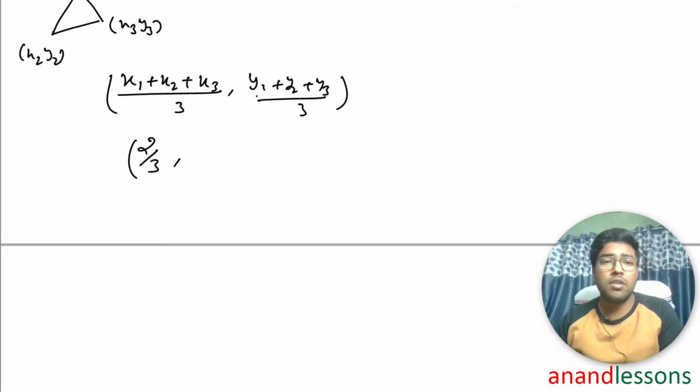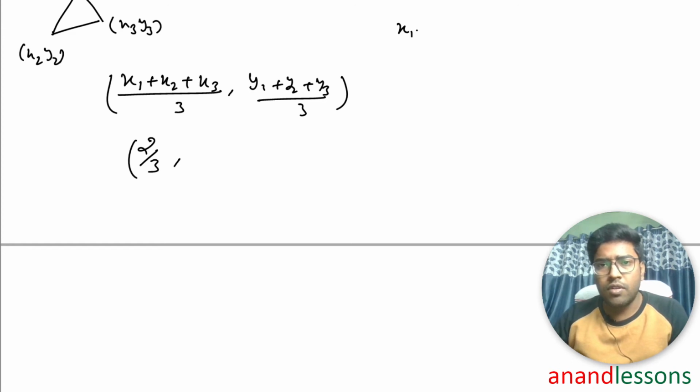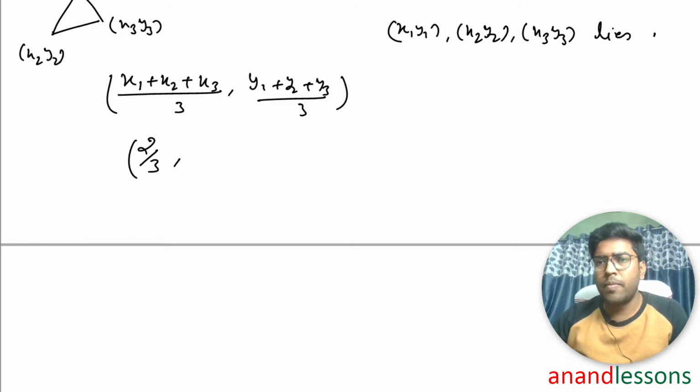We know that x1, x2, x3 are the roots of this equation, but we also know that x1 y1, x2 y2 and x3 y3 lie on the curve xy is equal to 1.